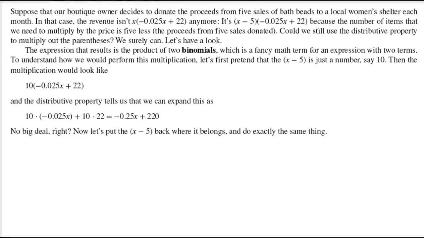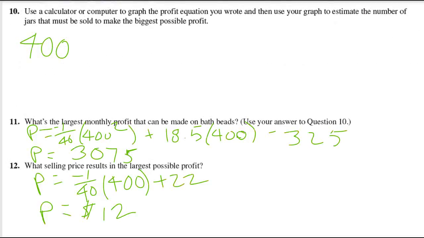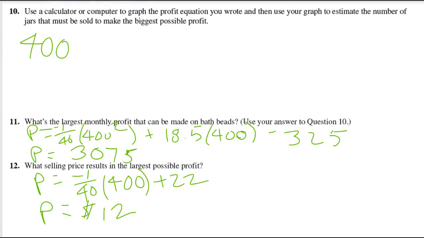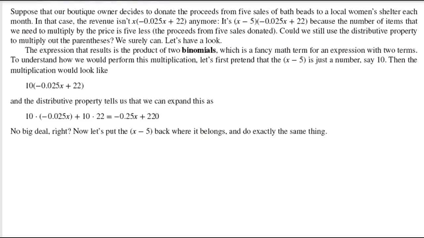Well, let's read through this and then we'll go on to question 13 after we read through this. So suppose that our boutique owner decides to donate the proceeds from 5 sales of bath beads to a local women's shelter each month.